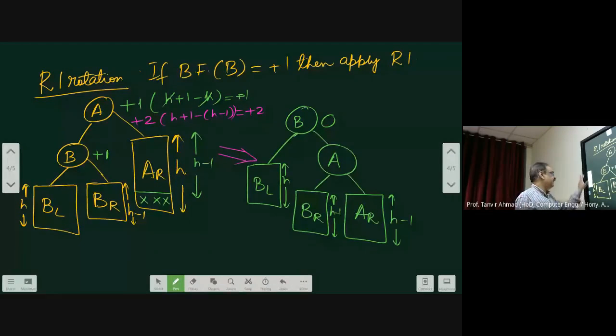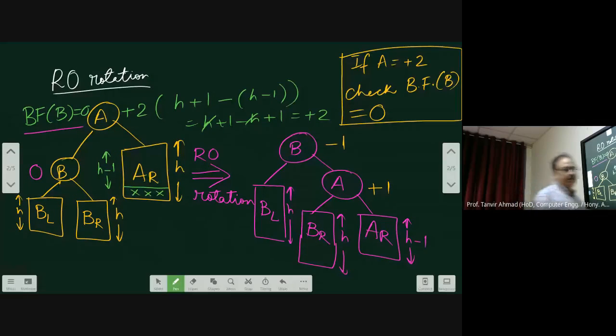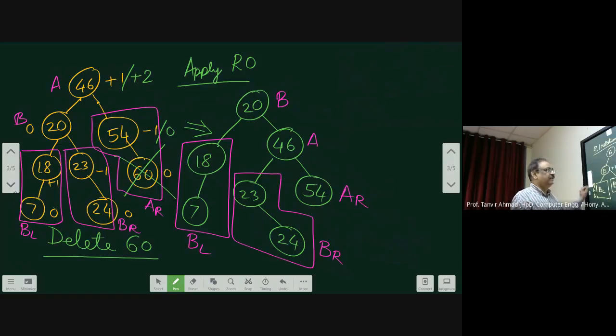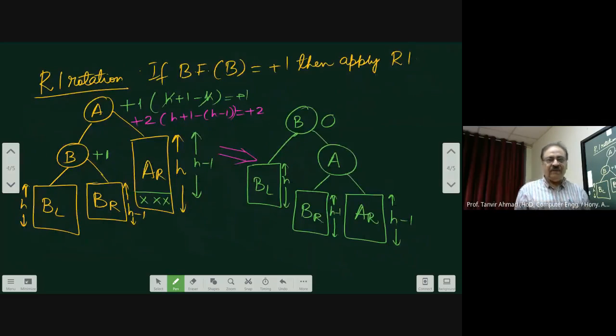But the difference lies in the fact that here BR and AR are not at the same level. BR is below AR. But here, in this case, BR and AR are at the same level. Correct?